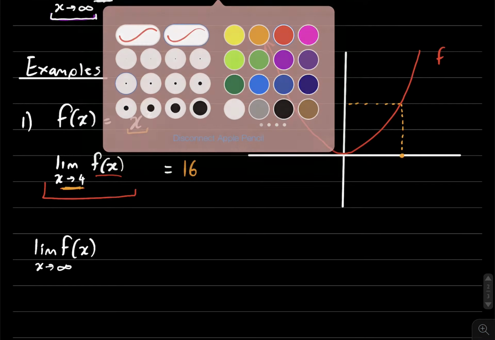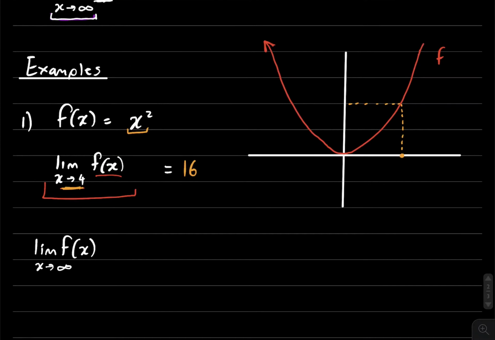Okay, so we can see that as x becomes bigger and bigger, this graph keeps going up in that direction. So it should be simple for us to see that as x goes to infinity, y should also go to infinity. So we can conclude that this limit is equal to infinity.